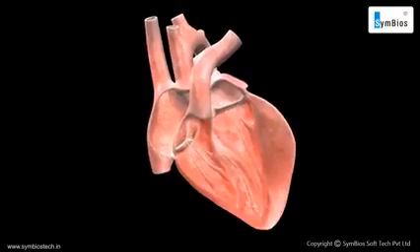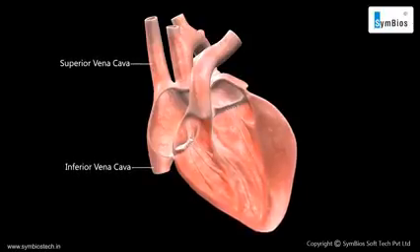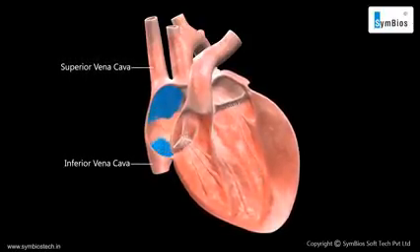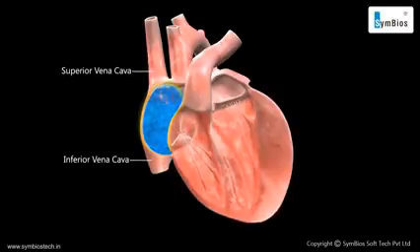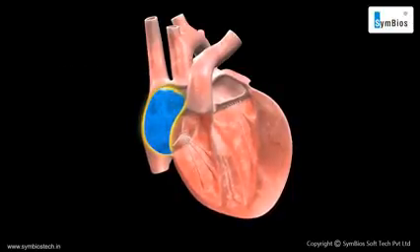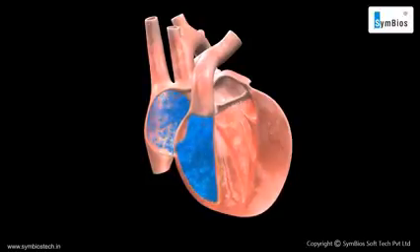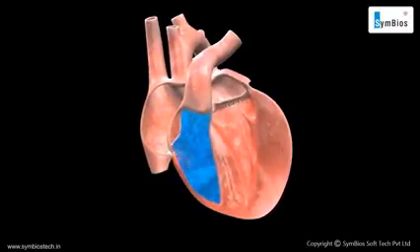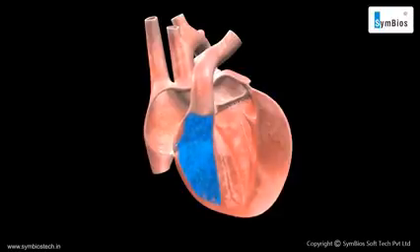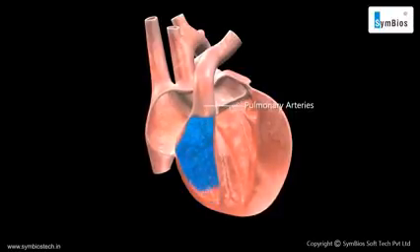The deoxygenated blood returns to the heart after circulating through the body. It enters the heart through the superior and inferior vena cava into the right atrium and passes through to the right ventricle. The right ventricle pumps the blood into the lungs through the pulmonary arteries.